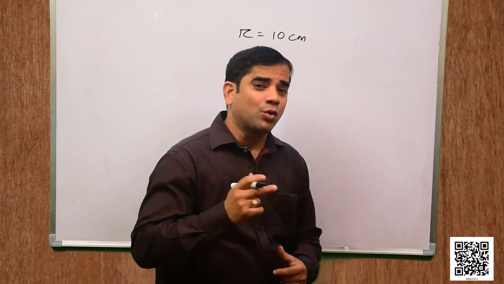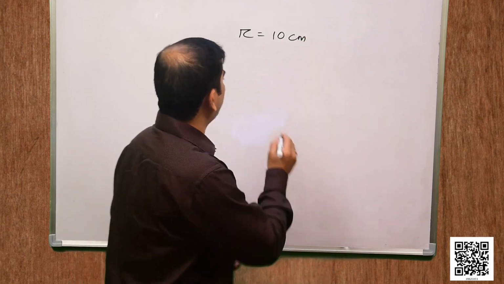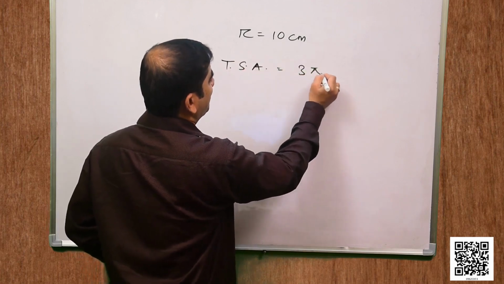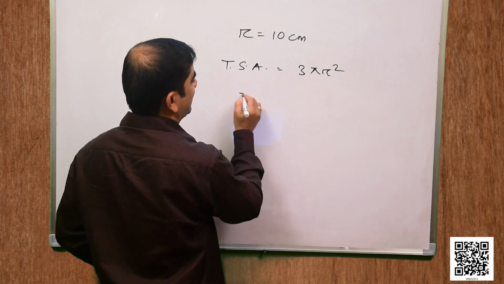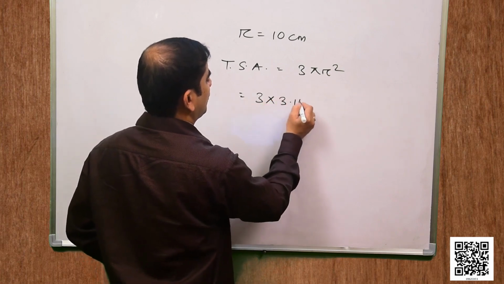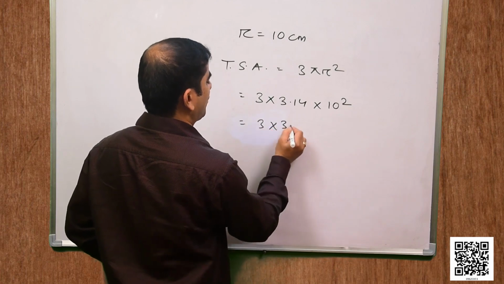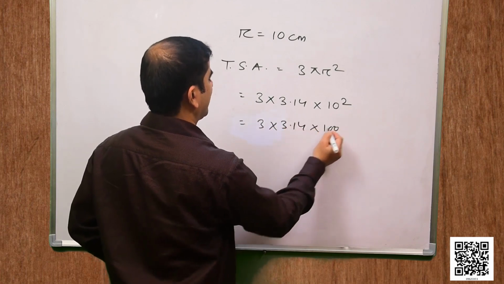And total surface area, what is the formula? Total surface area is equal to 3 pi r square. That means 3 into 3.14 into 10 square, that is 3 into 3.14 into 100.